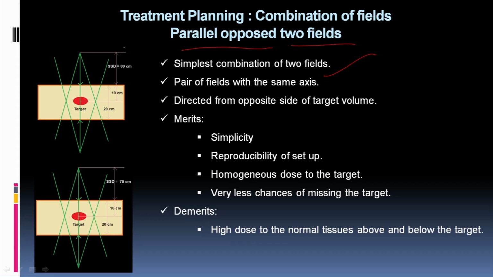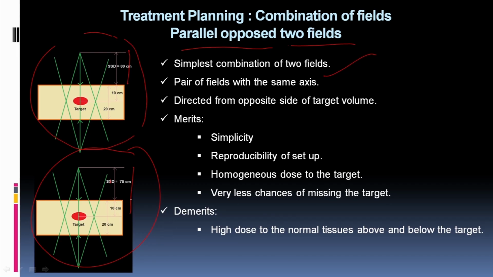They are the simplest combination of two field techniques. This two field technique can be applied by the SSD technique or by the SAD technique. In the SSD technique, we need to keep the source to surface distance fixed, that is 80 or 100 centimeter, and for the SAD technique we need to keep the source to target center distance fixed, that is 80 centimeter, source to axis distance.